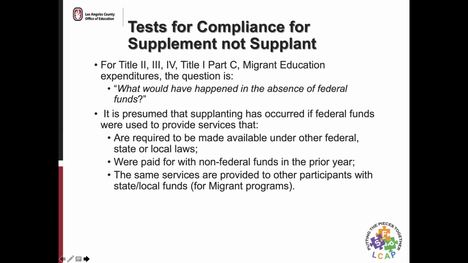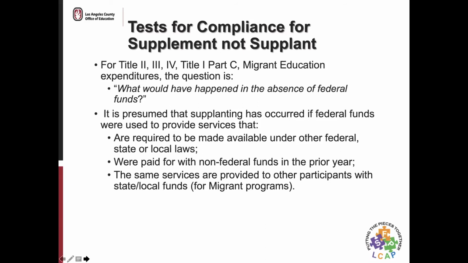So for all of the federal programs, the basic question is, what would have happened in the absence of federal funds? And an auditor would presume supplanting occurred if the funds were used to provide services that are made available under other federal, state, or local laws.